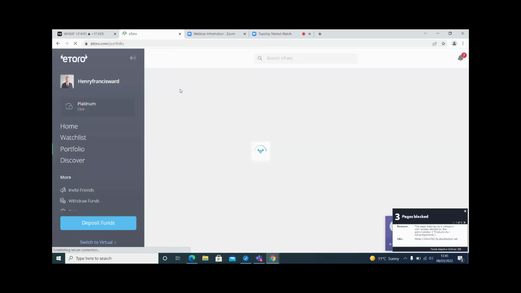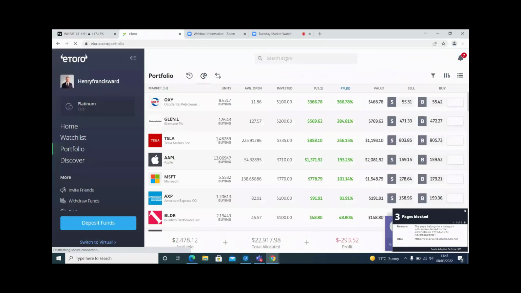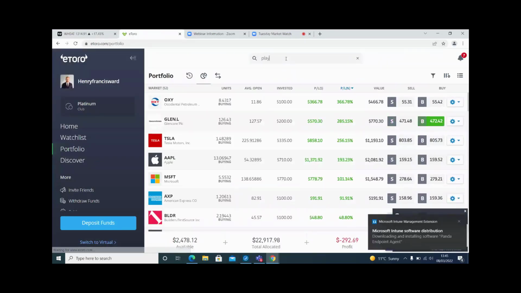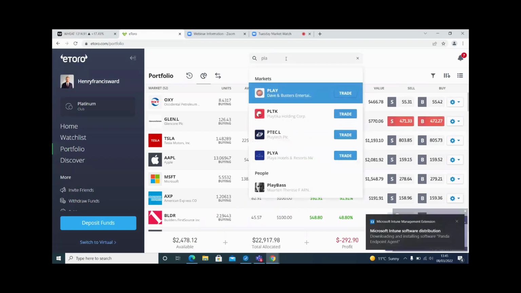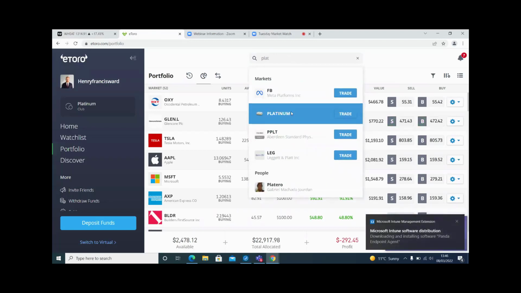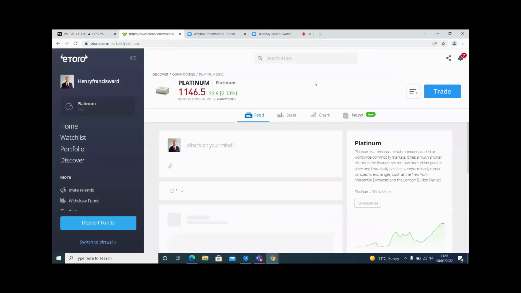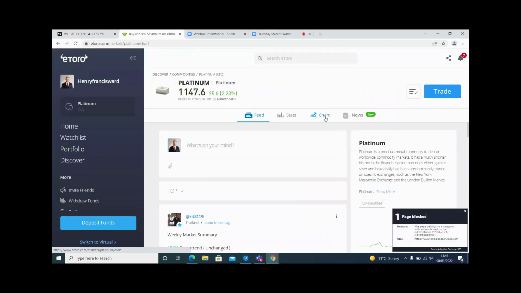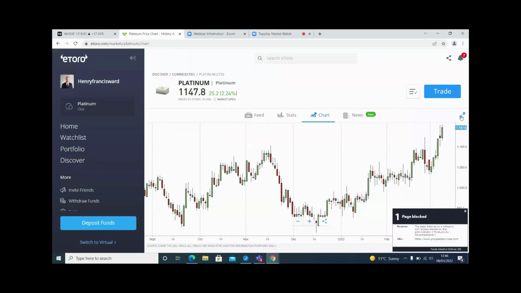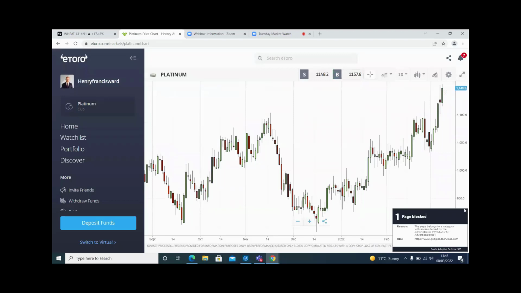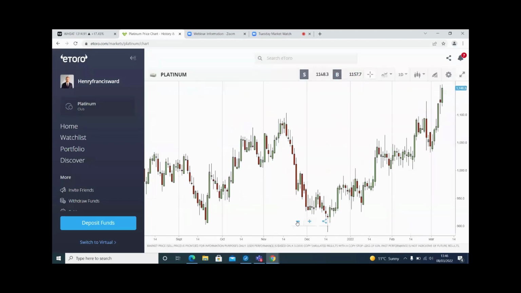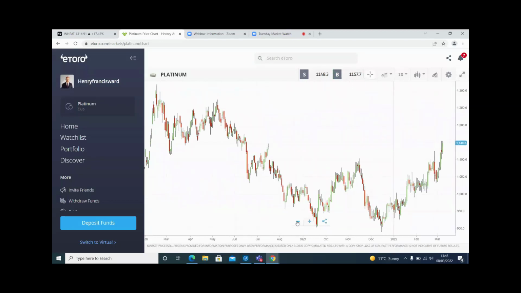Come back over here to eToro. Look at platinum. So anyone who has been in any of these precious metals has done pretty well as of late. Why?